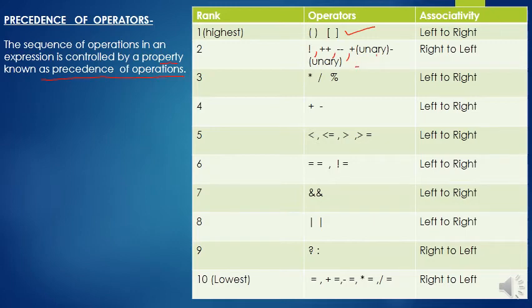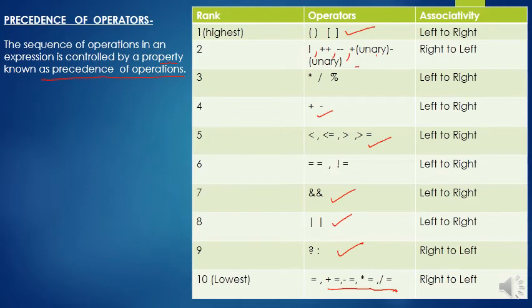Third precedence multiplication, division and mod. Fourth precedence plus and minus. Next precedence less than equal to, greater than equal to. Next precedence double equal to and not equal to, then and, or, and then ternary operator. After that equal to and all the shorthand arithmetic operators. Lowest precedence is of the shorthand arithmetic operators.